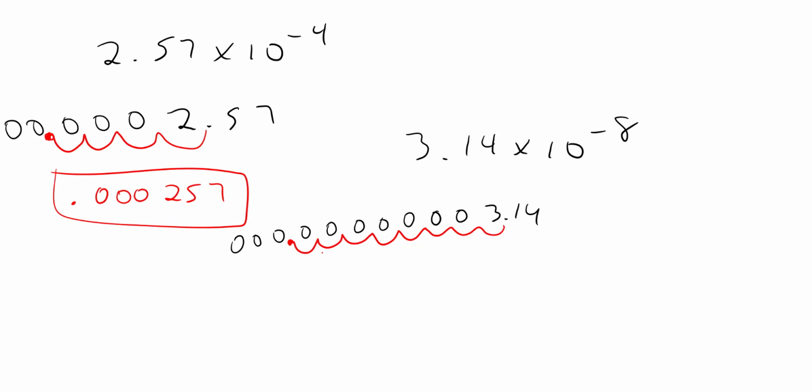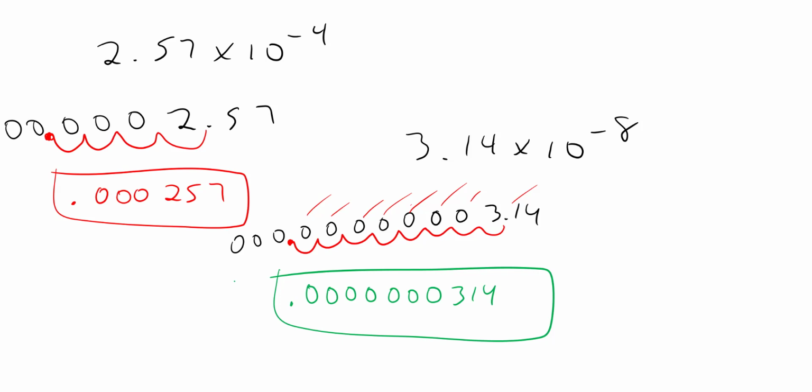So just to give you an idea, I think I wrote 8, 10 zeros, I don't know. But notice how many zeros there really are. If I count them, 1, 2, 3, 4, 5, 6, 7, and then it's that one other digit, because that's not a zero, but I moved it over that many decimal places, and I had to add 7 zeros. So my final answer for this one was point and then 7 zeros. 1, 2, 3, 4, 5, 6, 7, 3, 1, 4.